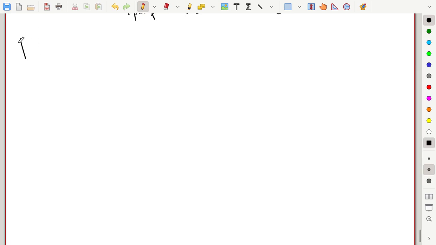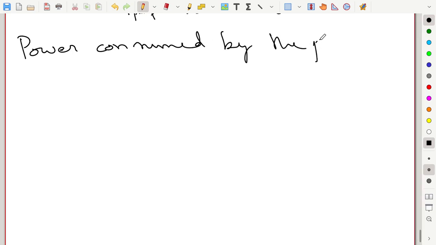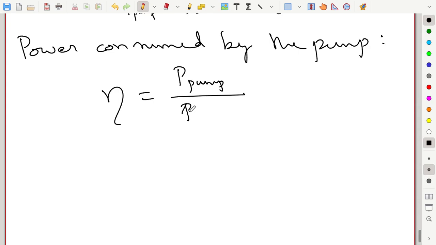So the electric power consumed by the pump is given by, we know efficiency is nothing but the output power of the pump divided by the input power, the electrical power we supplied.